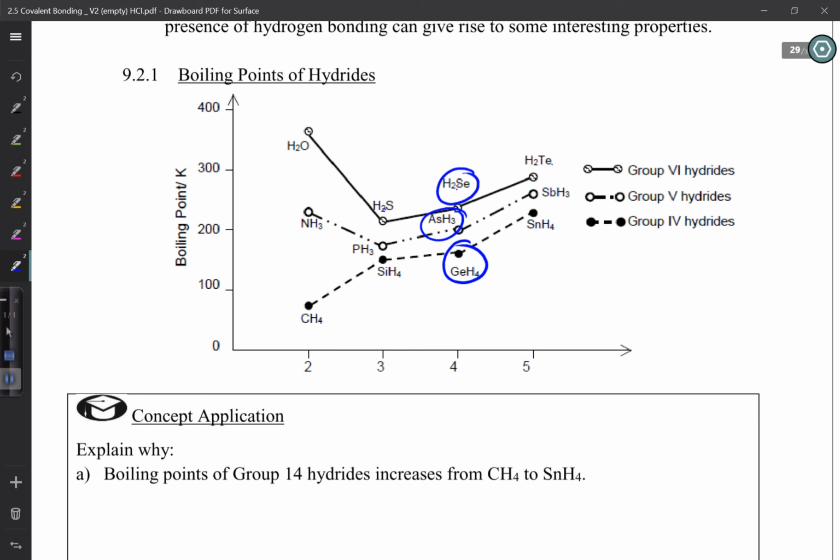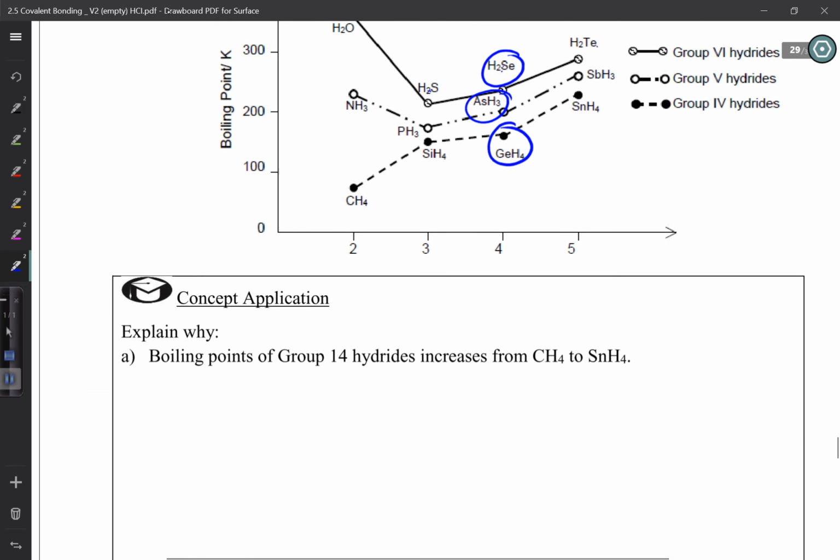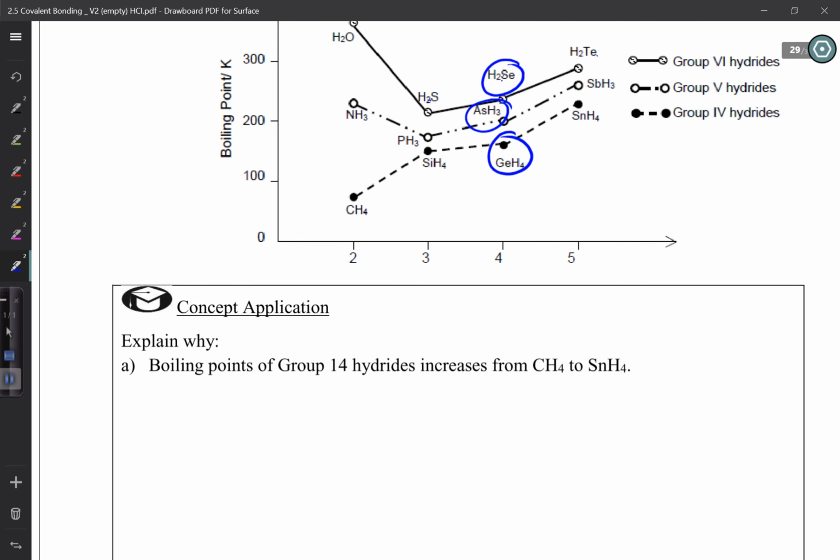It's increasing down the group, so there are more electrons. More electrons, right? Basically, if you look at the electrons, you can see that there are more, although slightly. So therefore, you should be able to do all these questions already.